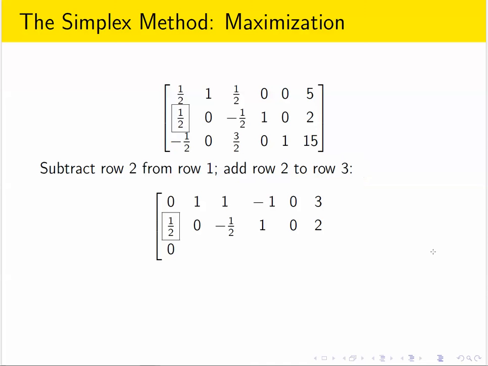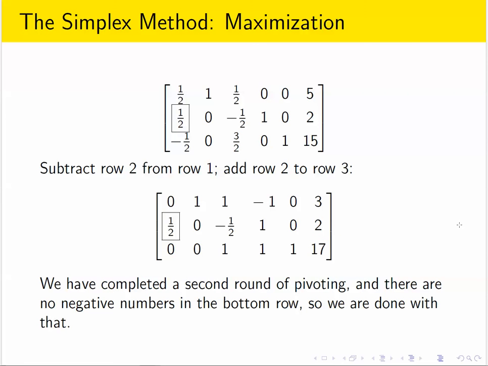So 1/2 plus negative 1/2 is 0. 0 plus 0 is 0. Negative 1/2 plus 3/2 is 2/2. That's just 1. 1 plus 0 is 1. 0 plus 1 is 1. And 2 plus 15 is 17.